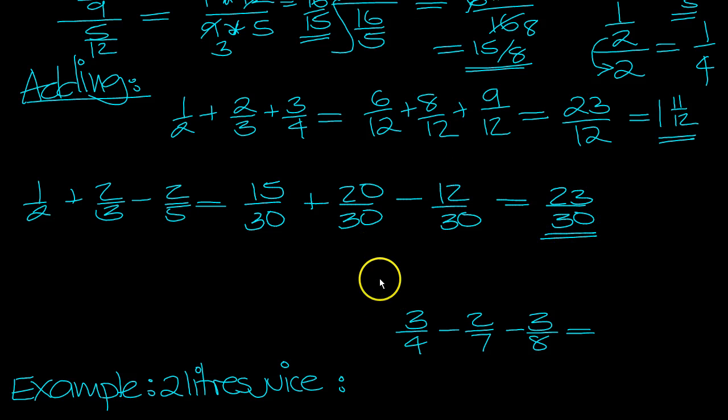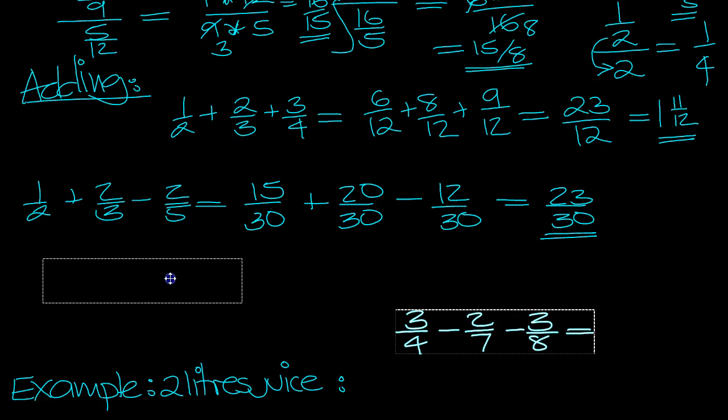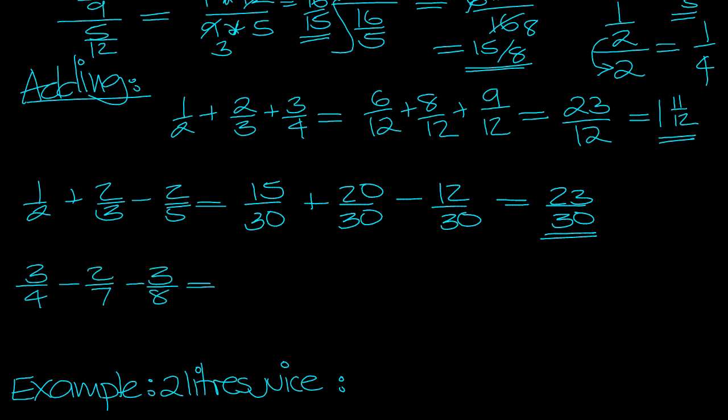Next one. Okay, we've got 4, 7 and 8. Awkward. 56 and 4. Yeah, I think 56. It'll have to be, won't it? So 56.